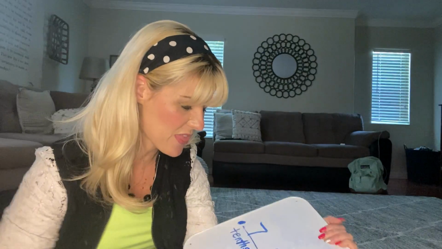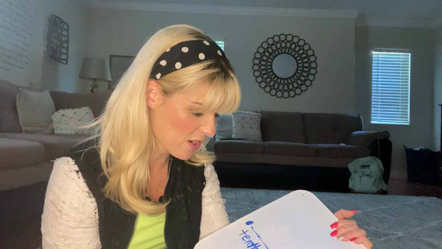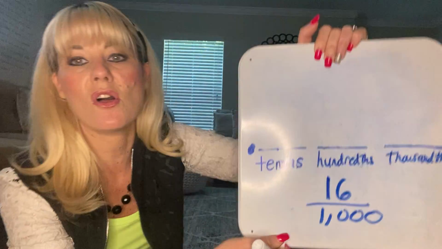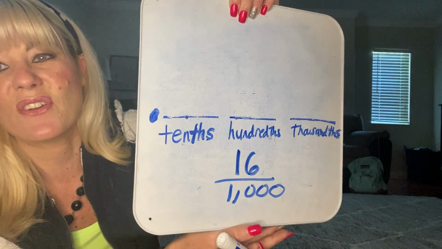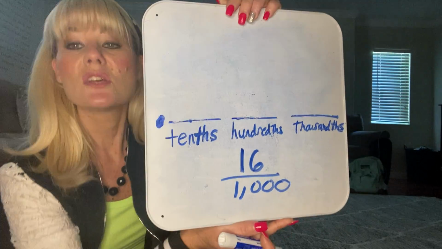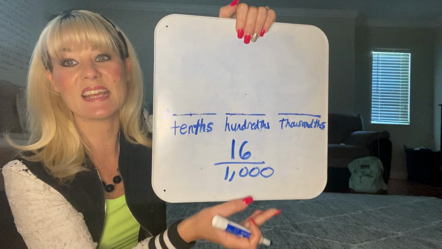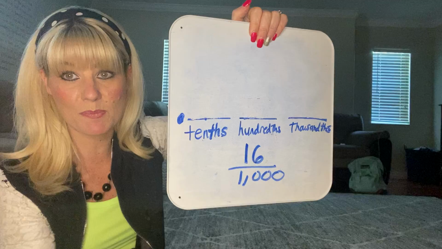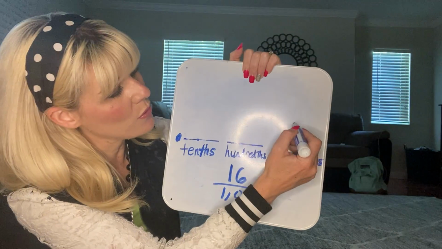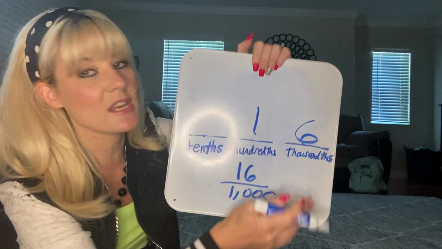Let's practice thousandths. I'm gonna make this one a little bit trickier than before, okay? This time, let's say you only have 16 out of 1,000. You don't have very much at all because you only get 16 out of 1,000 of something. So how are you going to write that as a decimal? Well, it's got to end in the thousandths place. So this 6 has got to go all the way here to the thousandths place, and the 1's got to go here.